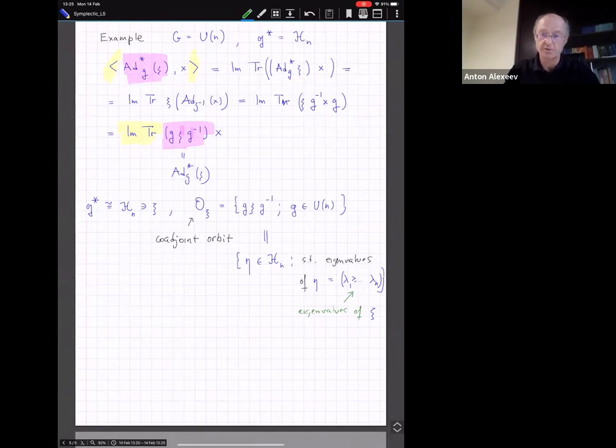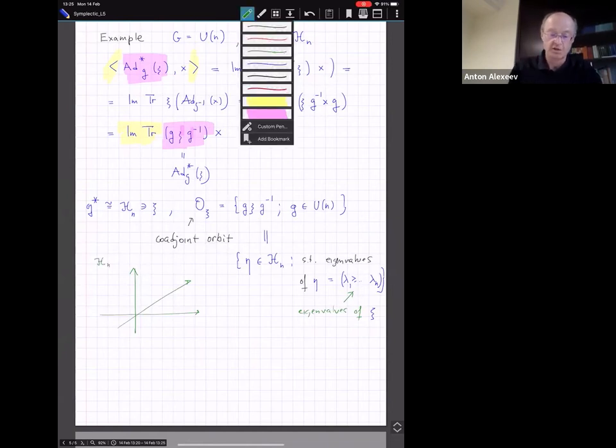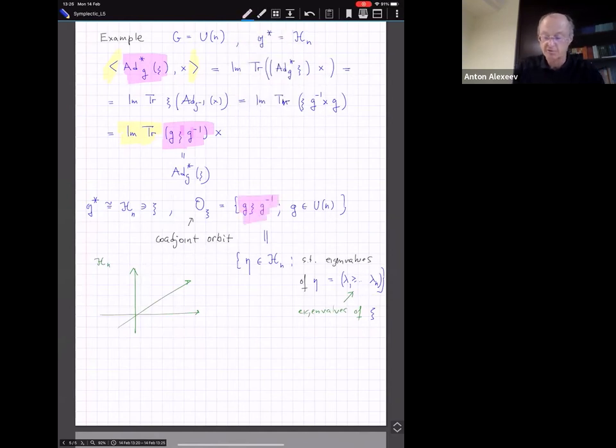Now I'm talking to you about the following viewpoint. My manifold on which I act is just a vector space, right? The space of Hermitian matrices, it's a vector space. And on that vector space, I have an action of UN described by conjugation.